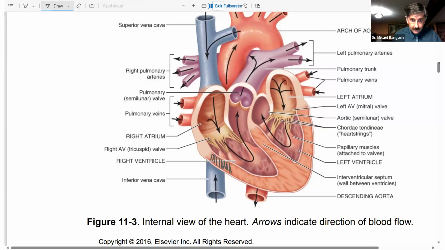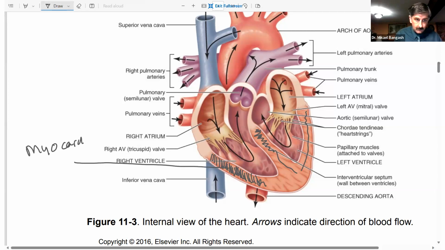This outline here is in gray, and even if you go here, and even if you go here, all this is myocardium. Is that clear? Good.